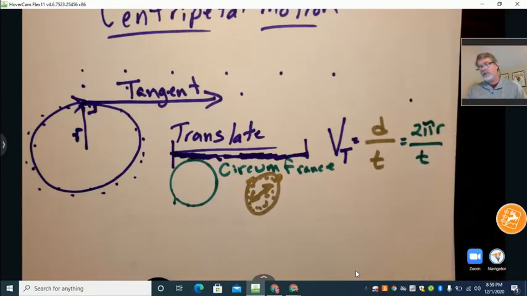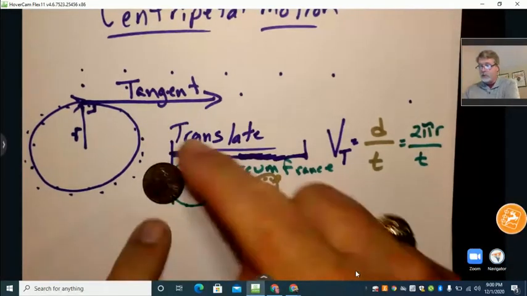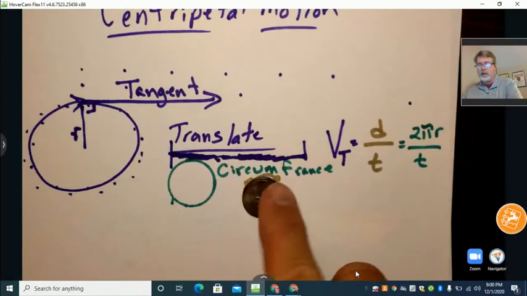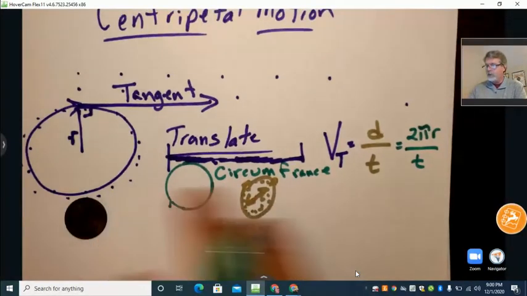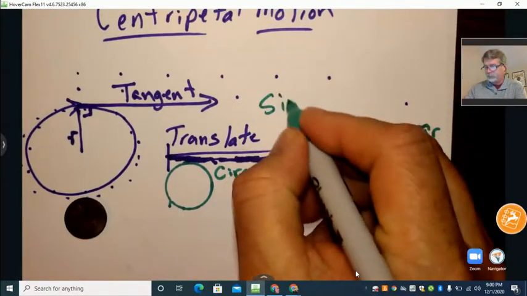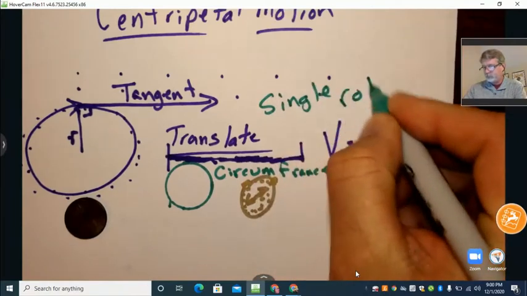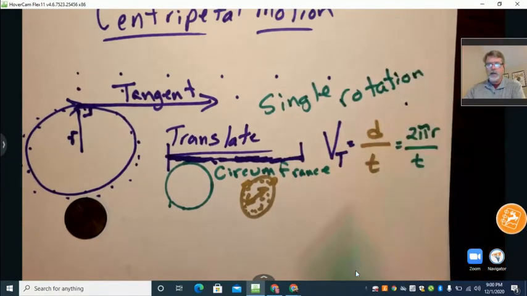But there's some variation. What if it rotates twice? Okay, so now we have a single rotation, and I hopefully see that the distance an object travels when it's rotating is equal to the circumference.